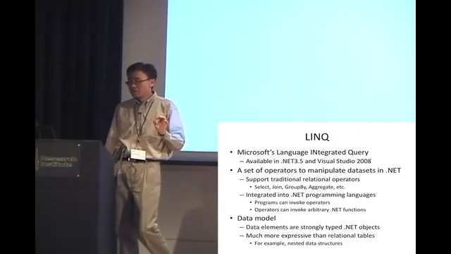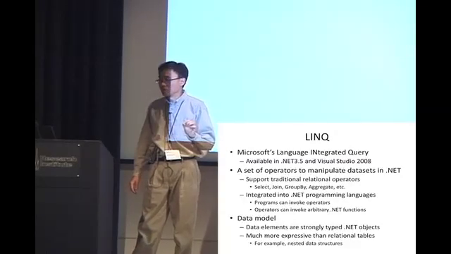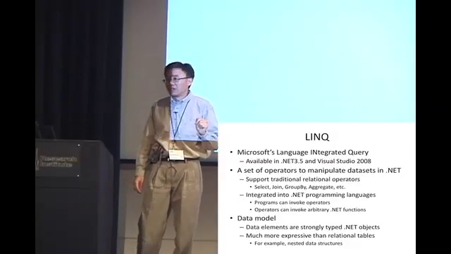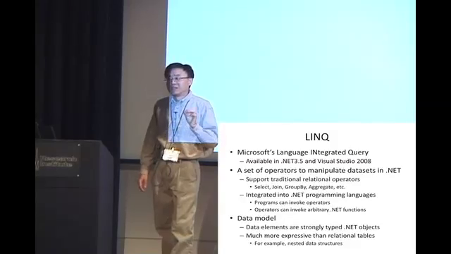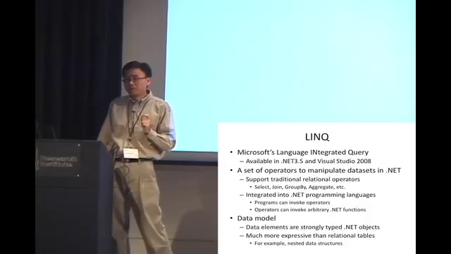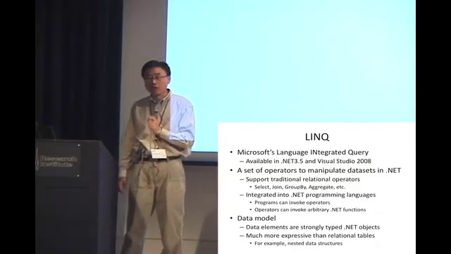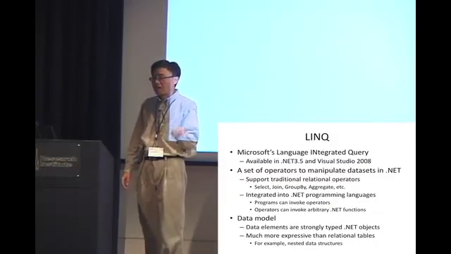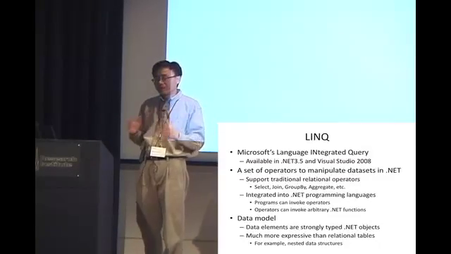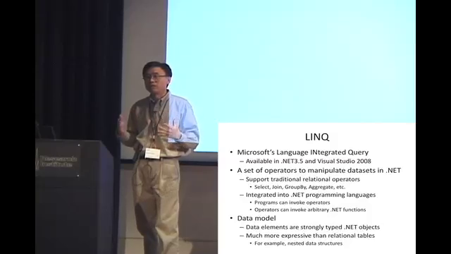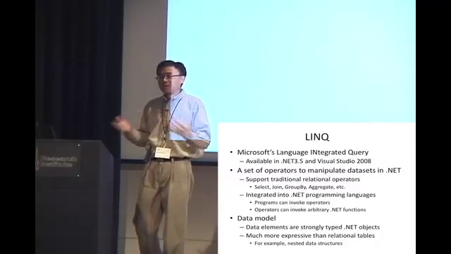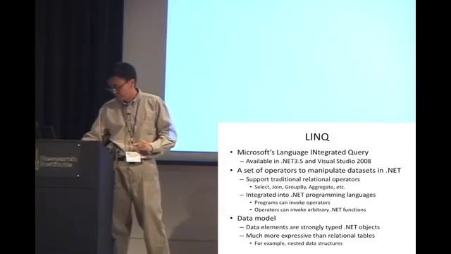It supports the traditional relational operators, such as select, join, group by, and aggregate. What is unique about it is that it is deeply integrated into a .NET programming language. The programs can invoke those operators, and operators can also invoke arbitrary .NET functions. It's basically a clever way to integrate declarative and functional programming into a seemingly imperative programming language.